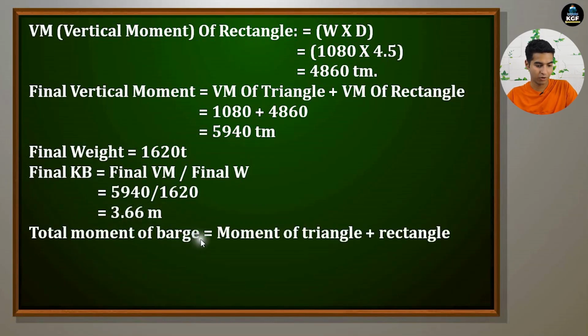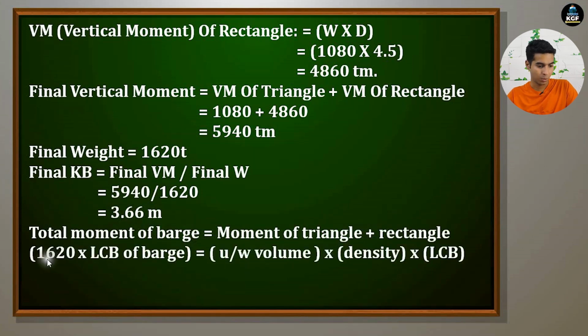So total moment of barge will be moment of triangle plus rectangle. 1620 into LCB of barge, underwater volume multiplied by density into the LCB. So this is the standard, basically the total data. But for moment of triangle and moment of rectangle, we have to use this single formula 2 times.